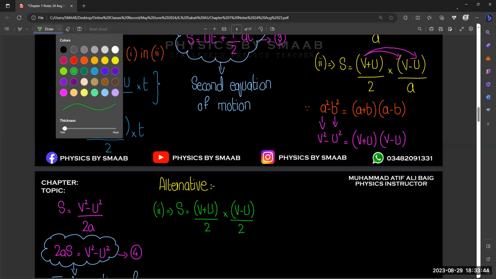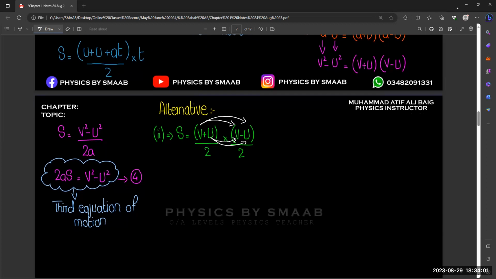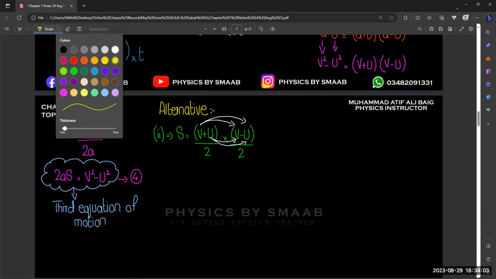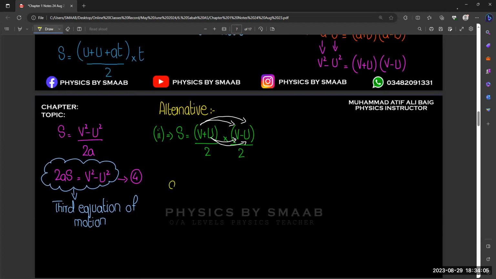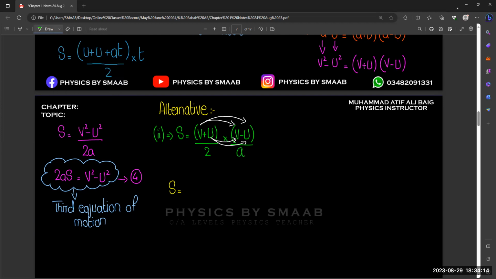Now what we need to do, we need to multiply each and every variable. Like first we need to multiply v with both components, and then we need to multiply u with both components, right? So your equation will be like this: s equals to, sorry, this is a, right?